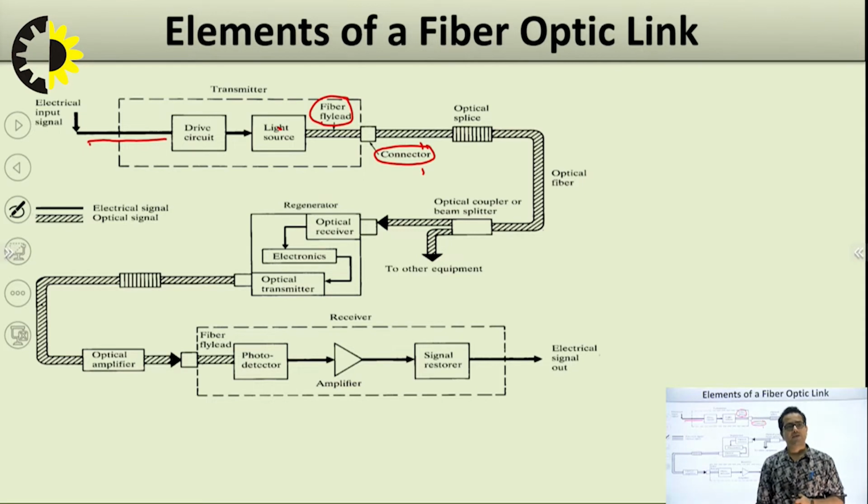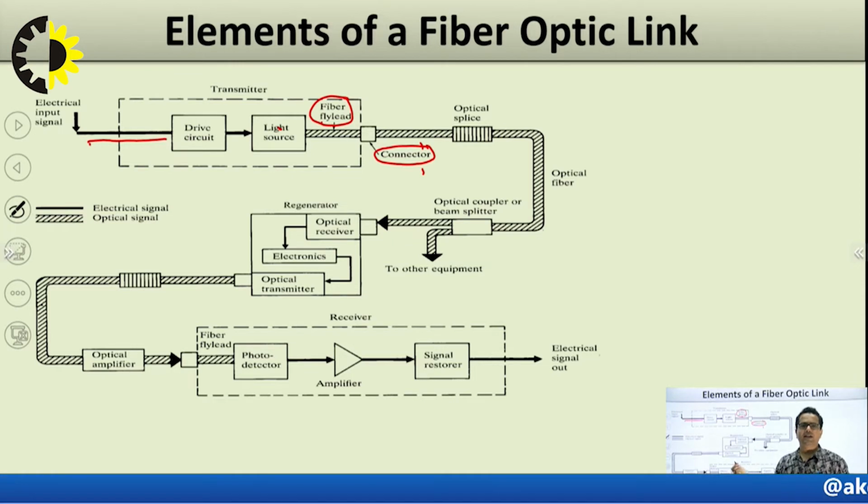But if you want to establish an optical fiber link permanently, then you have to use the fiber splicing technique in order to completely fuse one end of the fiber with the other end. If you are establishing a temporary link, then you use a connector, so that whenever you want, you can detach the medium.